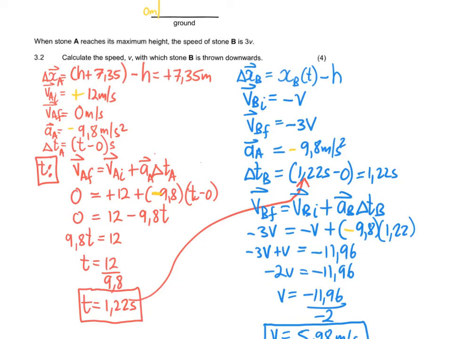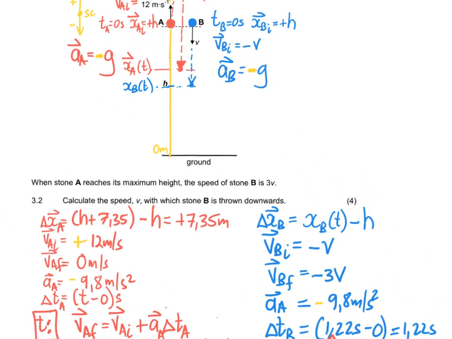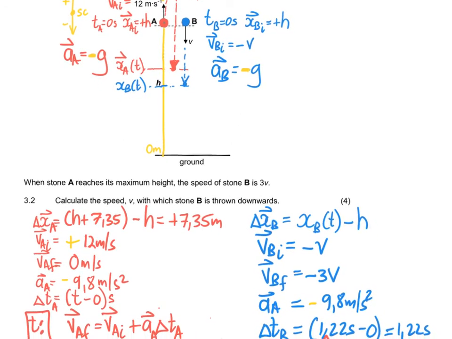So if we look at the change in position of B, B is going to fall down, and after a period of time t, it's going to be at an x value xbt, and A will be at xat.